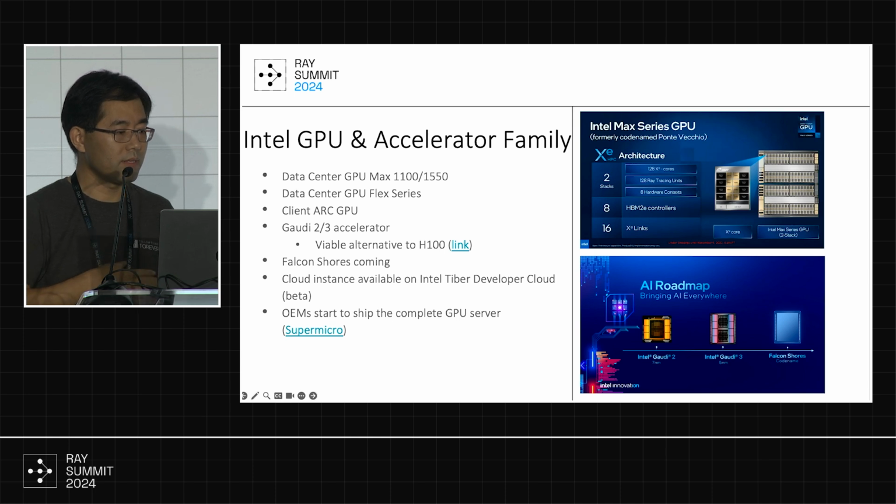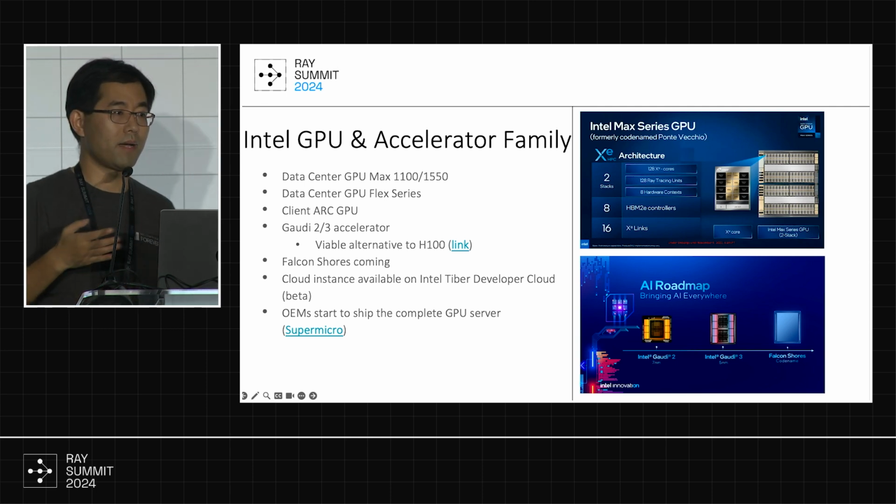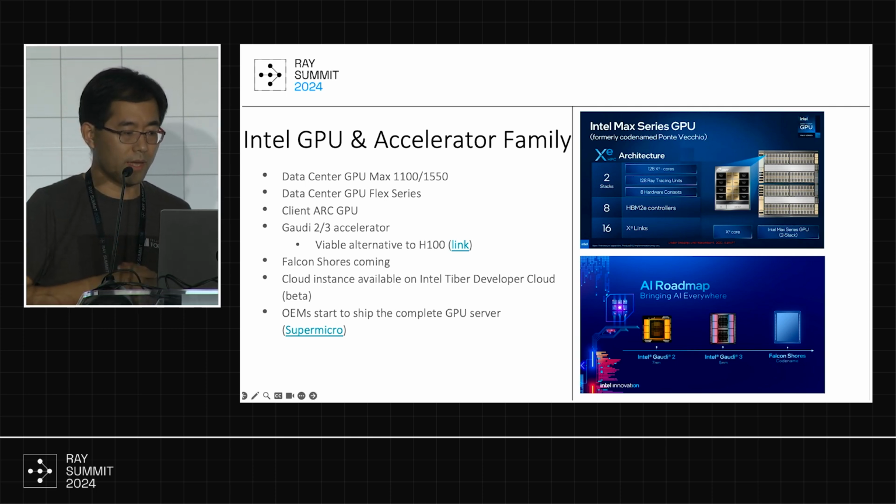On the data center side, we have the GPU Max, which has been largely deployed at Argonne National Lab to train their trillion parameter models. There is a consortium called TPC, trillion parameter consortium, with Intel, Argonne, and other partners working together to train the models and address those challenging research problems.